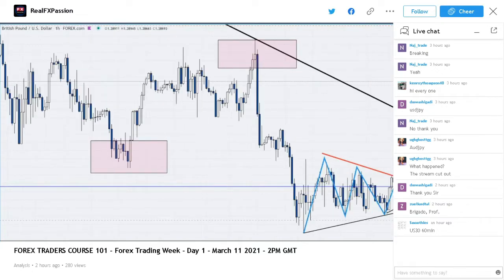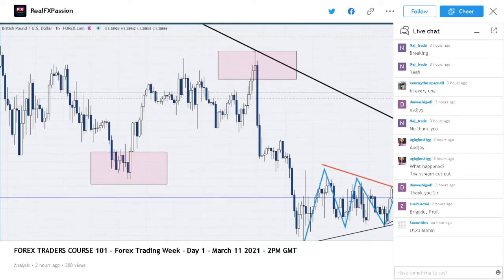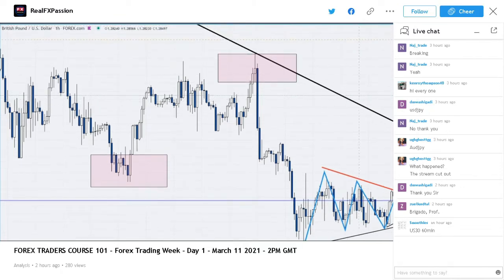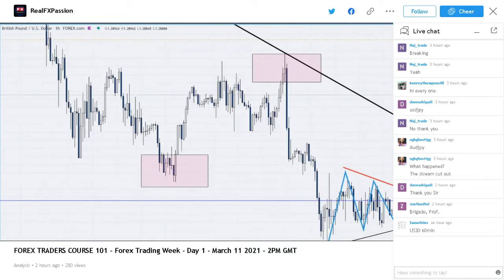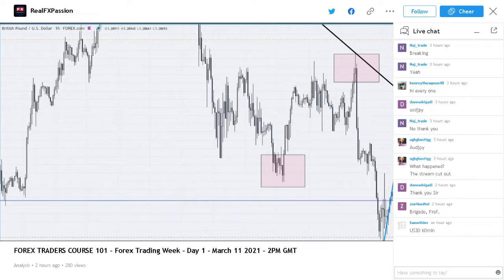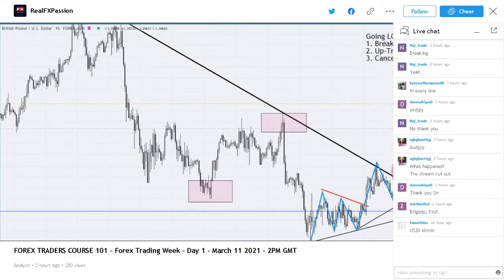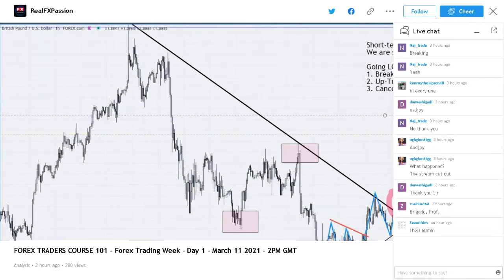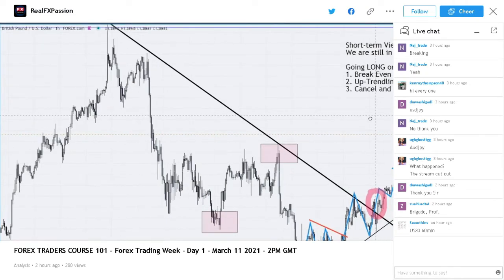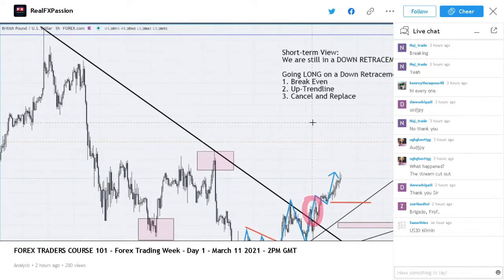Why for an intraday? Because intraday traders or day traders are in and out during the same day. But this would not be an entry for a long-term swing trader. Why not? Because as we are talking about, the market didn't break the relevant high. Make sense, everybody?